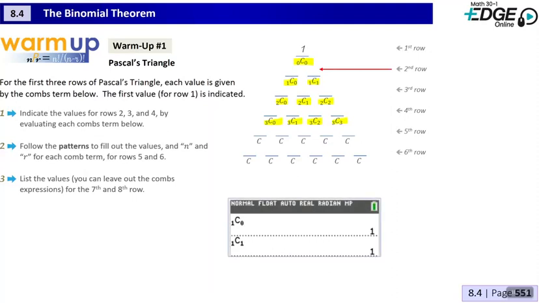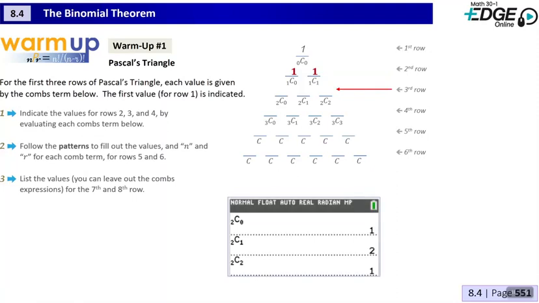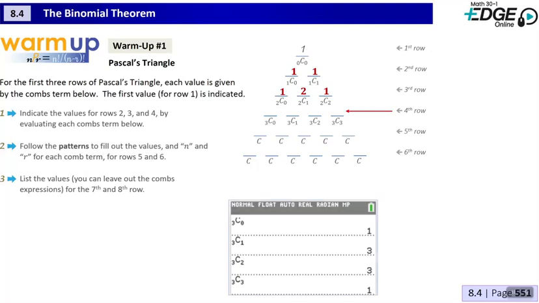And so we're just going to evaluate these right now. I'm not doing anything fancier than that. I'm just evaluating what is 1 choose 0, and what is 1 choose 1. Well, those are both 1. And then what is 2 choose 0, 2 choose 1, 2 choose 2, and we get the numbers 1, 2, and 1. And what are the values of these four expressions? And there we go, we got 1, 3, 3, and 1.